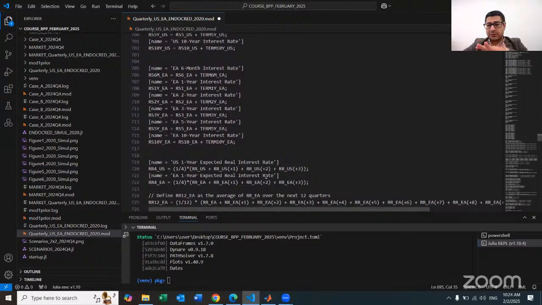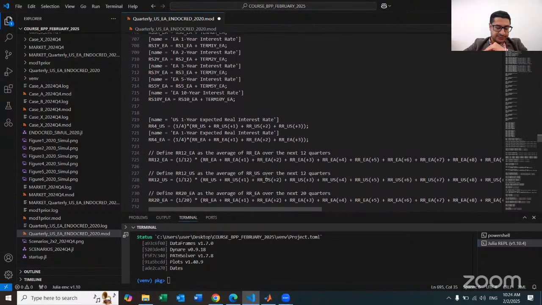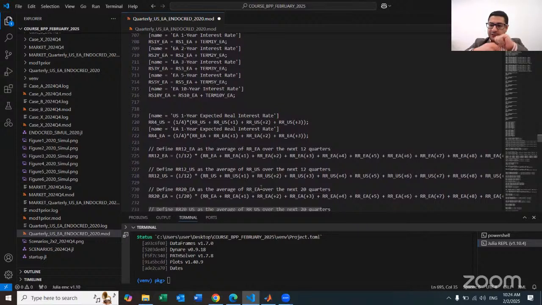Then here we added a bunch of interest rates, like 1 year expected real interest rate, or 3 years expected real interest rate.